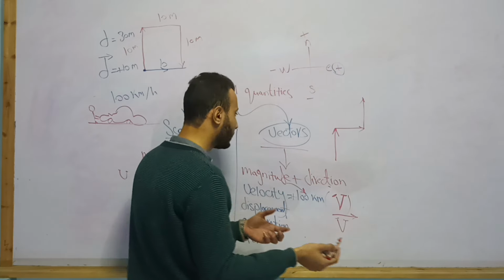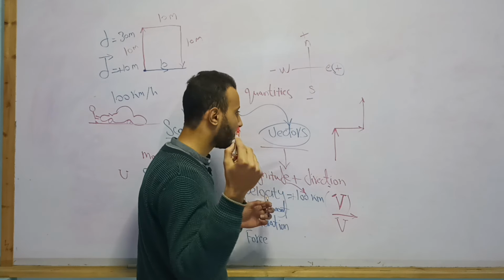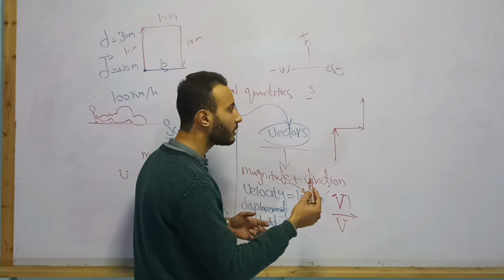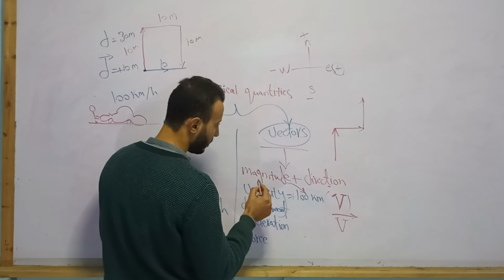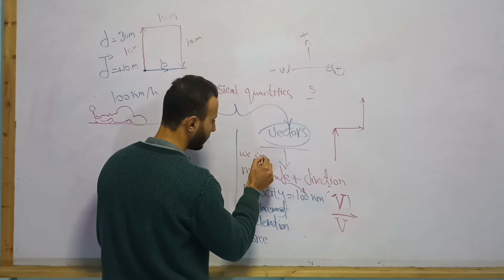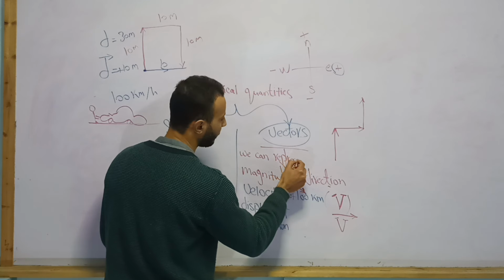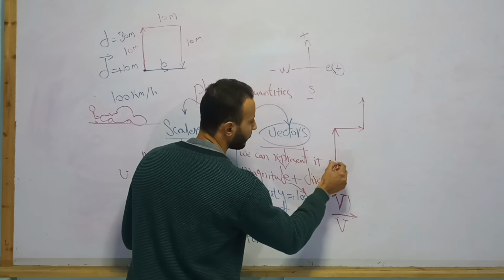You can't do that for the scalars. So the third property we can add is that we can represent the vector graphically. So I write it here. We can represent it graphically.